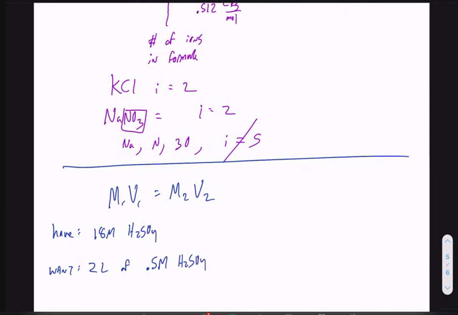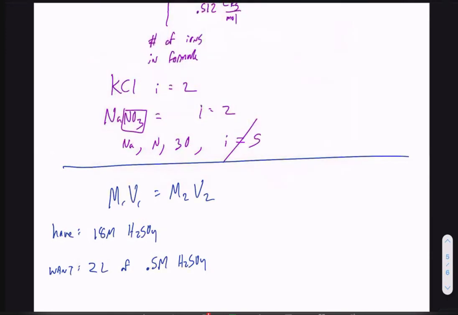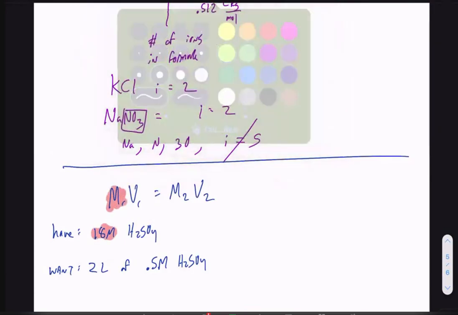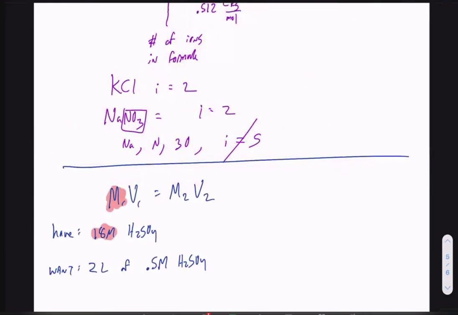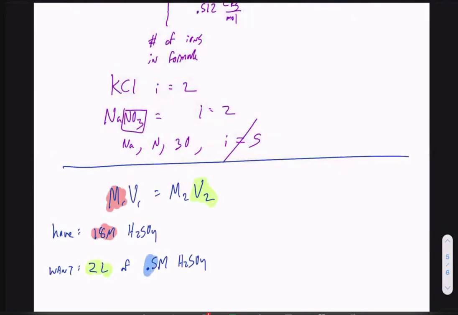Well, you're given 18 molar, and that's the original concentration. You want 2 liters, that is the volume that you want, and the molarity that you want is 0.5. So you're really solving here for the volume of the initial stock solution, so V1.